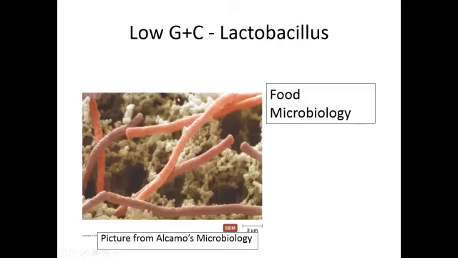Now, another thing to keep in mind with Lactobacillus is this is an example of an aerotolerant anaerobe. They do not have an electron transport chain. They are limited to fermentation. That's why they produce lactic acid, which curdles milk proteins, which leads to cheeses and yogurts, etc. Even though they do not have an electron transport chain, they do have the enzymes to deal with the poisonous byproducts of oxygen.